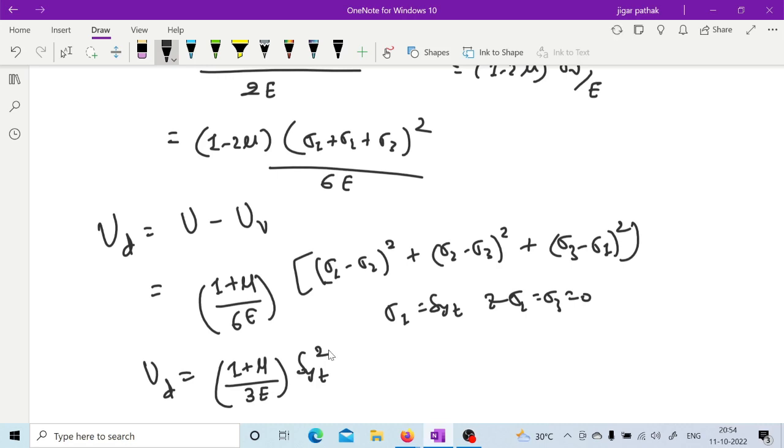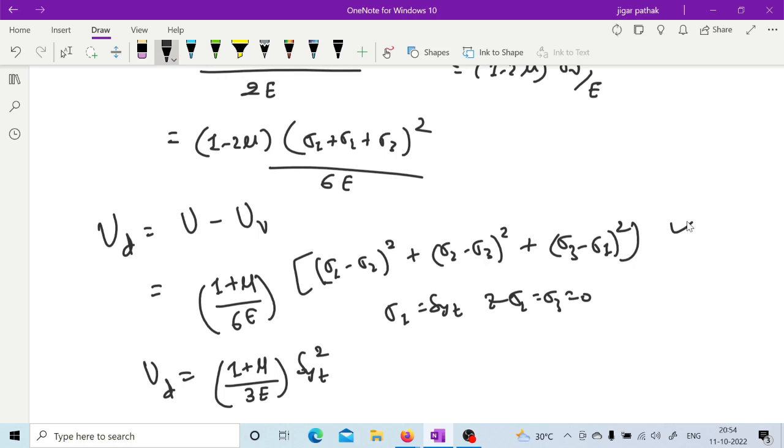So now once you have this Ud is equal to (1 plus mu) upon 3E times SYT square, you can equate this Ud with the equation which you have got.